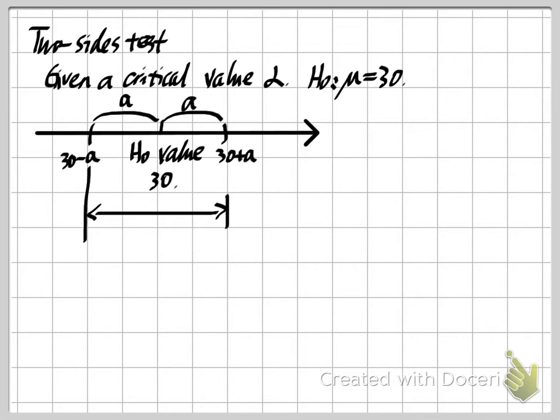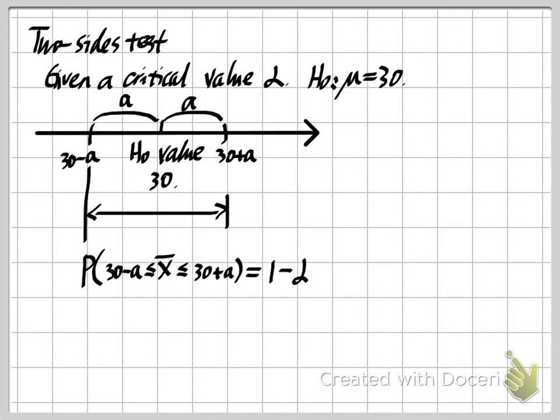So for this question, because our null hypothesis is about the population mean, the test statistic we should choose is X bar. It means the probability of our test statistic X bar being between the left endpoint and right endpoint of our critical region should equal 1 minus alpha.